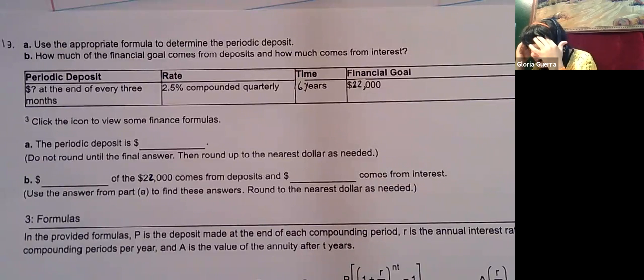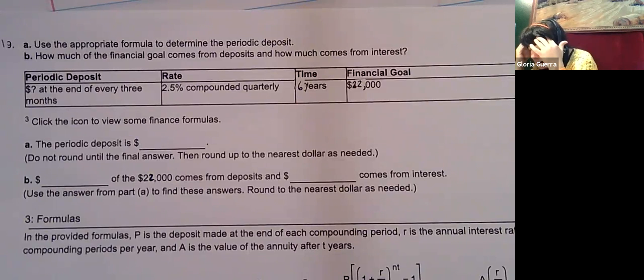Okay, let's see. So periodic deposit at the end of every 3 months. There's a rate of 2.5% compounded quarterly, and the time is 6 years, and the financial goal is 22,000. So it says the periodic deposit is blank. Do not round until the final answer, then round up to the nearest dollar as needed.